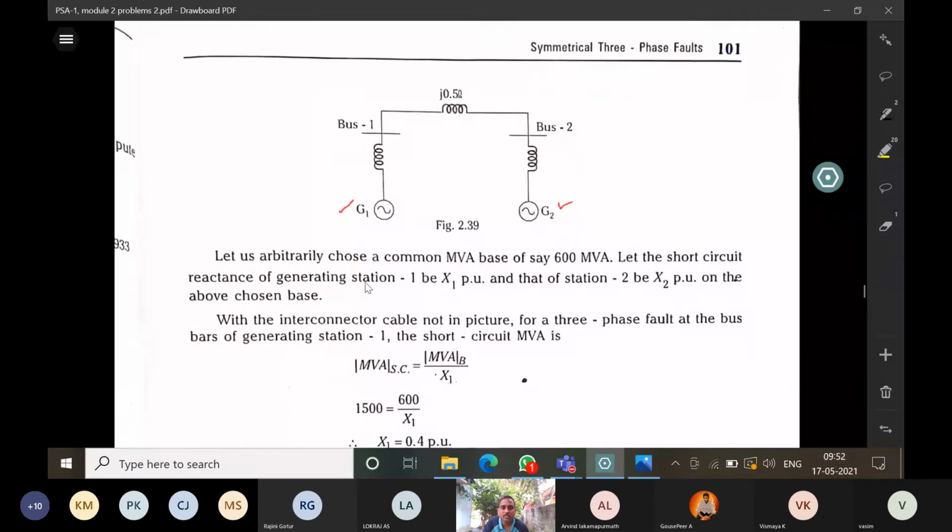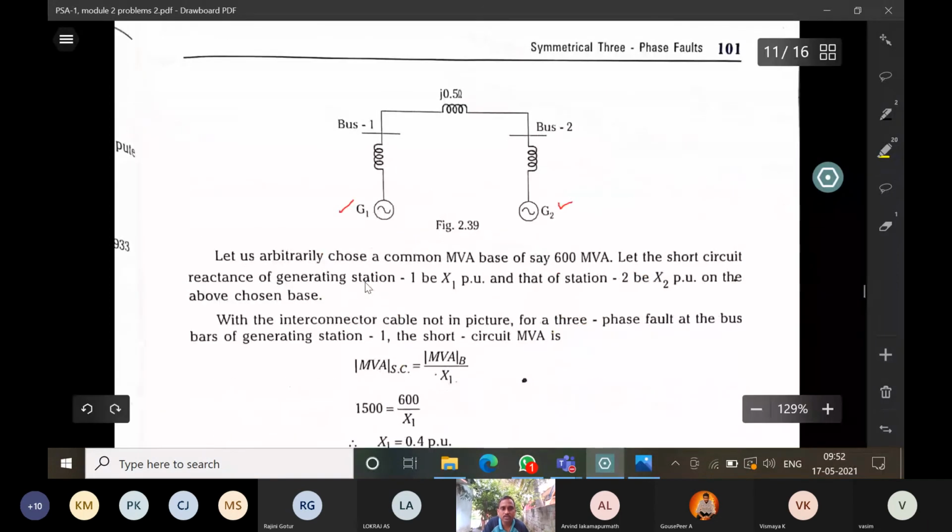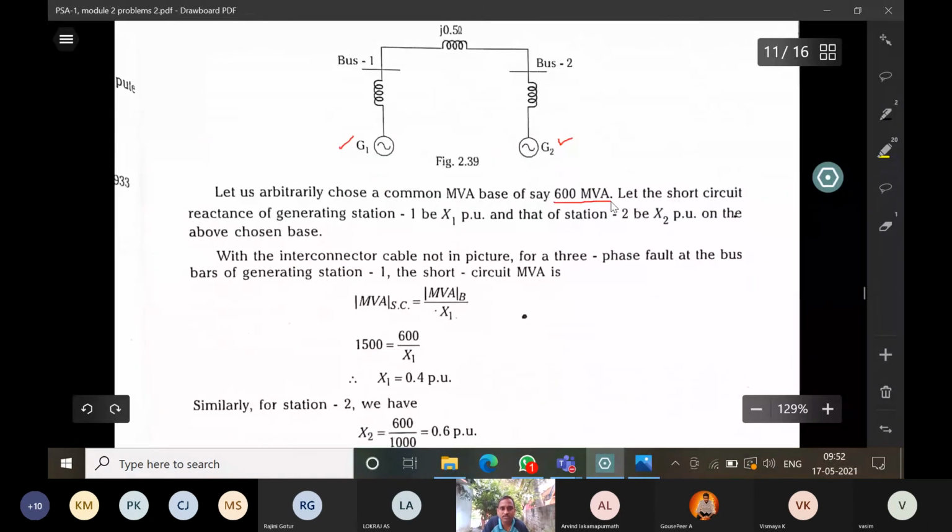So MVA base is taken here. He has chosen MVA base of 600 MVA. He has not given it in the problem; he has assumed arbitrarily a common base MVA of 600 MVA. The short circuit reactance of generating station, that is X1 per unit of station 1 and X2 per unit for station 2, has to be chosen on the same base.